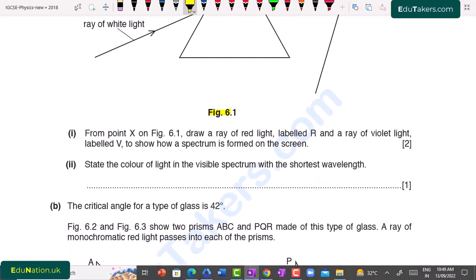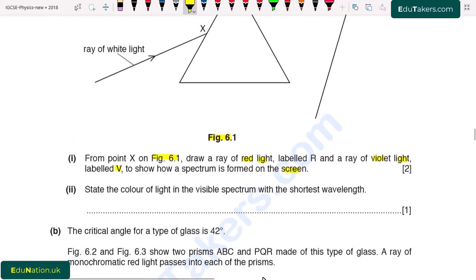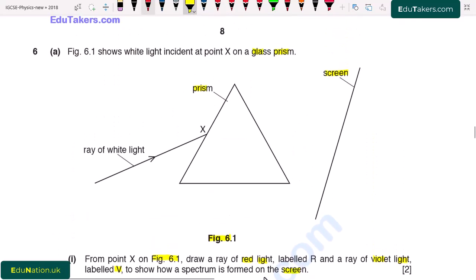Part first. From point X on figure 6.1, draw a ray of red light labeled R and a ray of violet light labeled V to show how a spectrum is formed on the screen. So here we have to form the spectrum on the screen by drawing the path of red light and violet light. So first of all, there are two lights, red and violet.